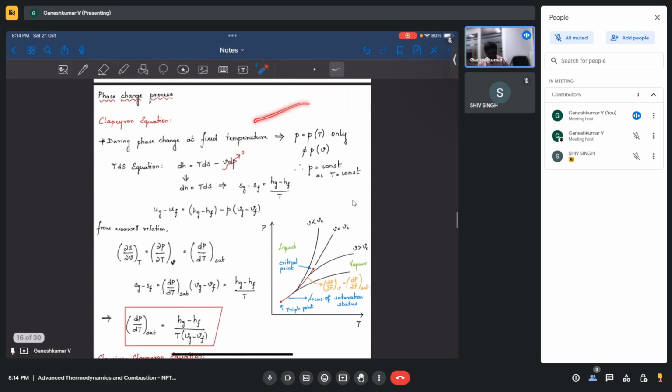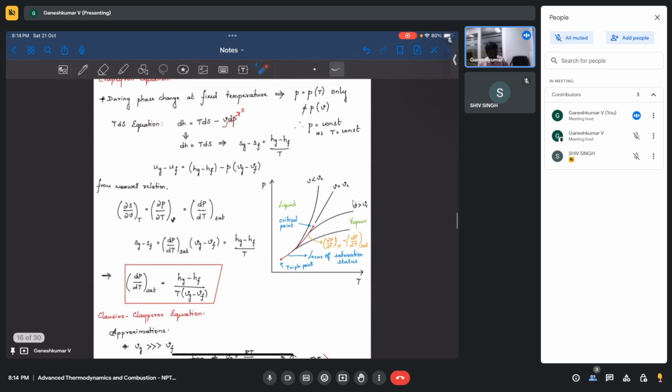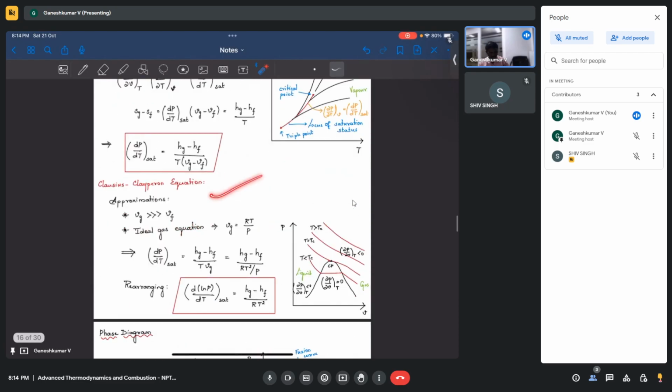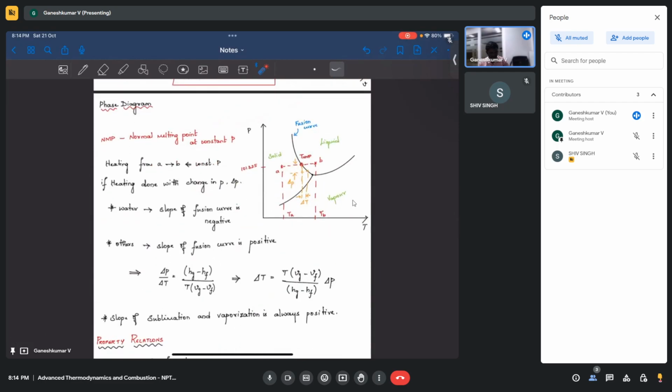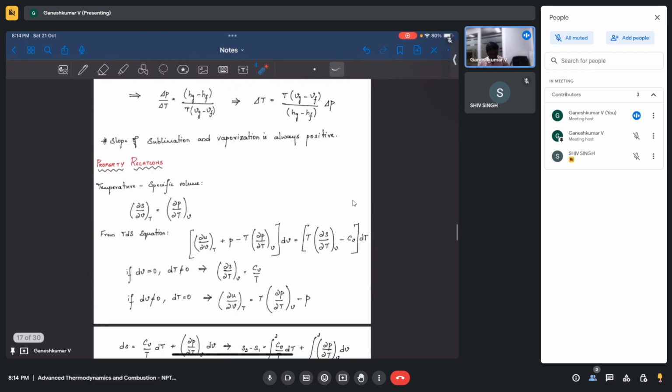And for phase change processes we did the Clapeyron equation, and then we introduced the ideal gas assumption to get the Clausius-Clapeyron equation. We also discussed the phase diagram. The phase diagram is in P and T, and there is the solidus line, liquidus line, fusion curve, and sublimation and evaporation happen across these curves.